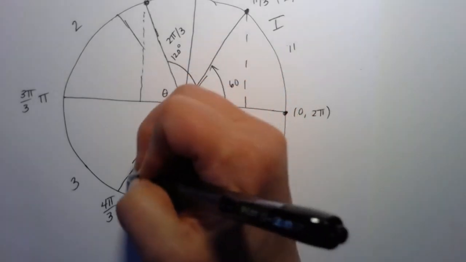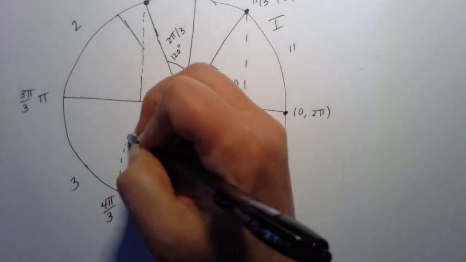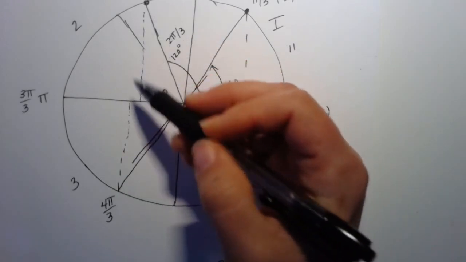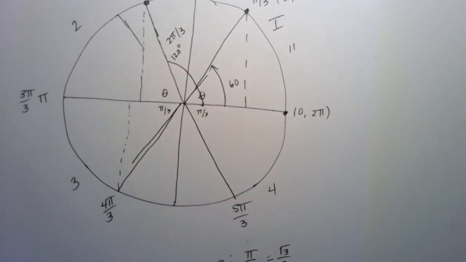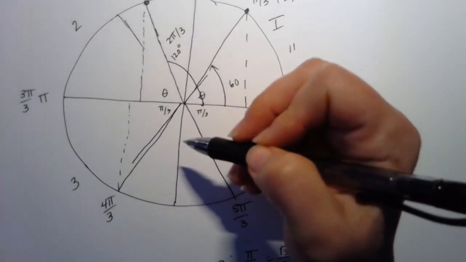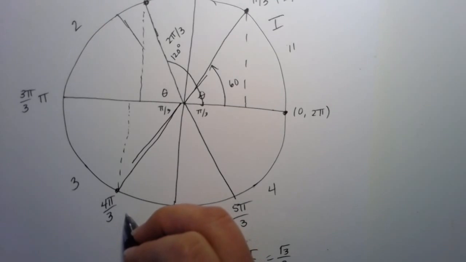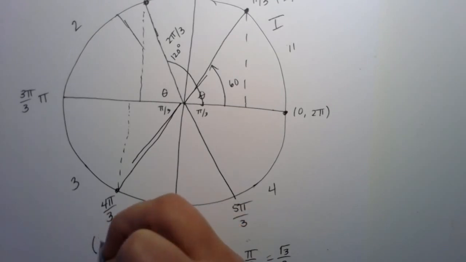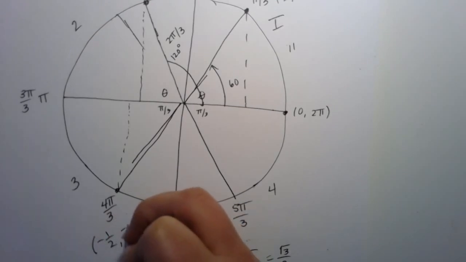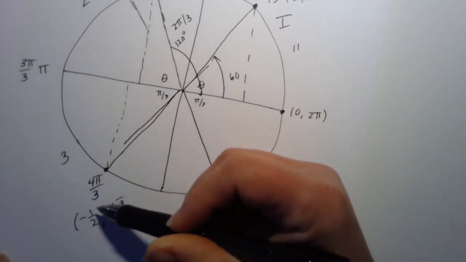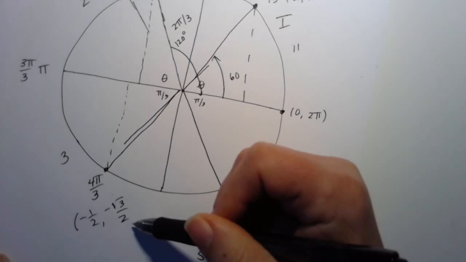This is my reference angle right here. Well, this is a terrible drawing because it really should look like these should line up basically on top of each other. But it's the same triangle once again. So this point is in the third quadrant where everything is negative. So it would have the coordinates negative 1/2, negative square root of 3 over 2, which means that the sine of 4 pi over 3 is negative square root of 3 over 2.